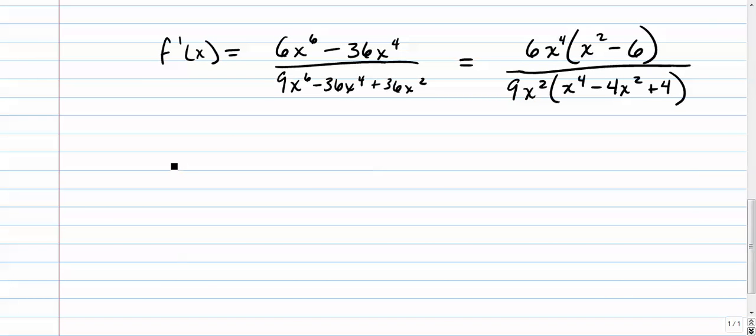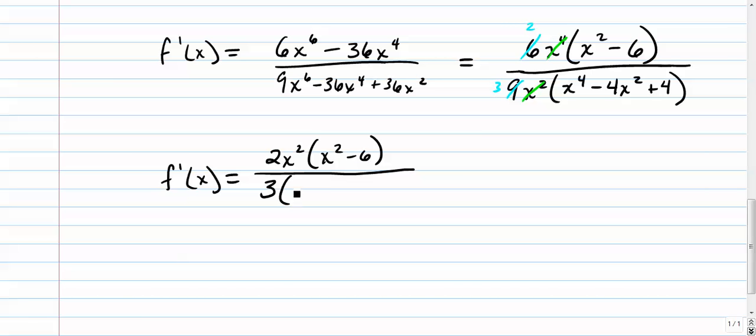Yeah, absolutely, depending on what your teacher's looking for in terms of complexity. Since I have terms on the outside here, I can simplify those. The 6 and the 9 simplify to 2 and 3. The x to the 4th and the x squared do the same, leaving you with just x squared in the top.